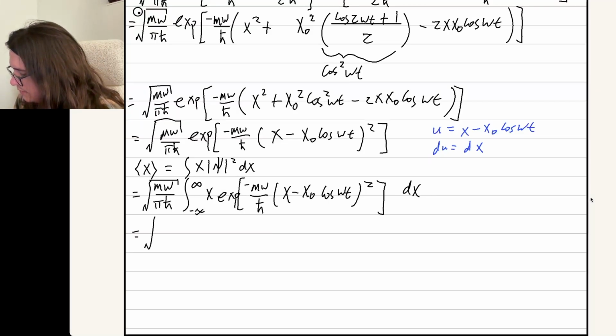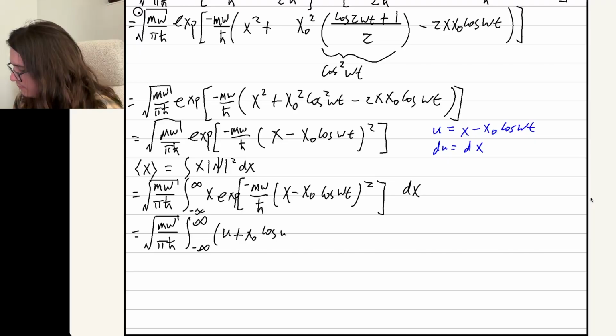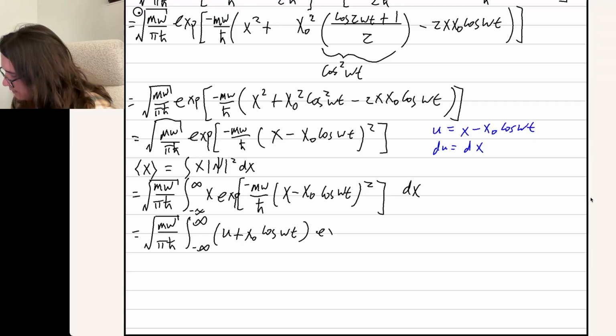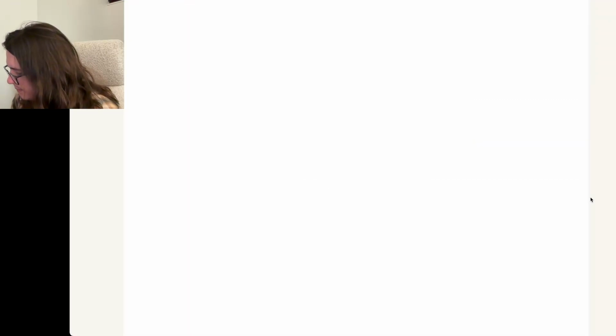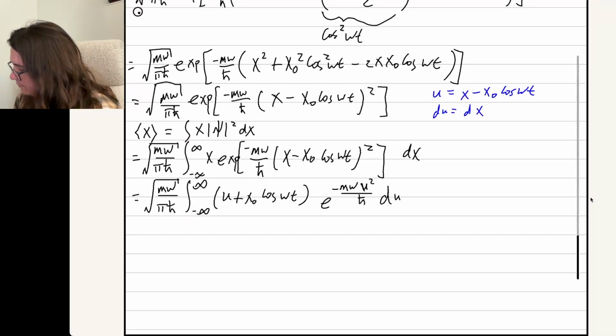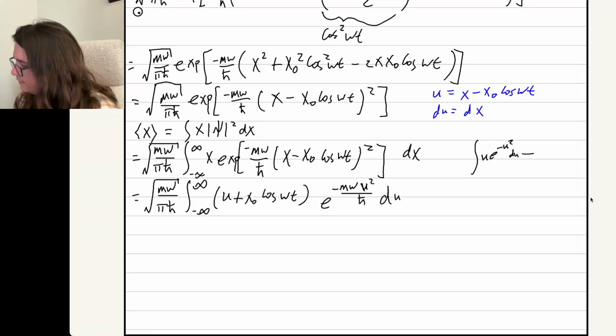But we do need to change what x is, because now it's looking more like u plus x naught cosine omega t. But now this exponent is way easier to write, just minus m omega u squared over h bar, du. So any old integral that happens to be u times e to the minus u squared du is 0.